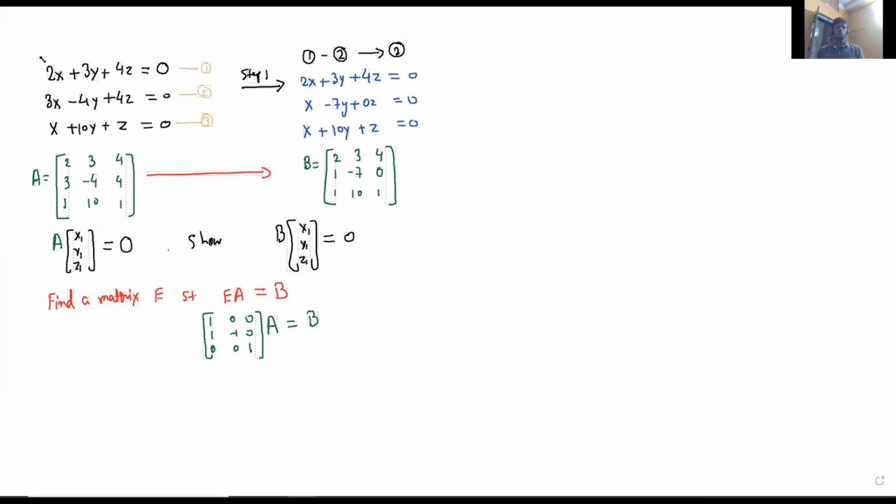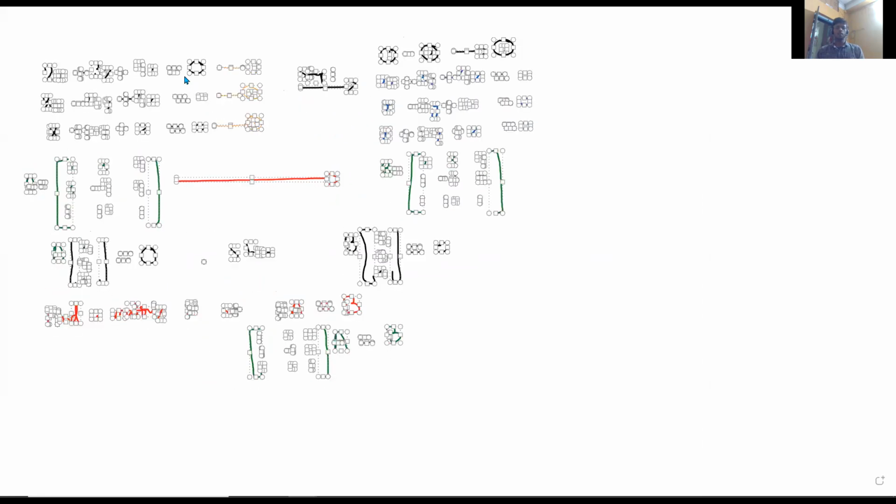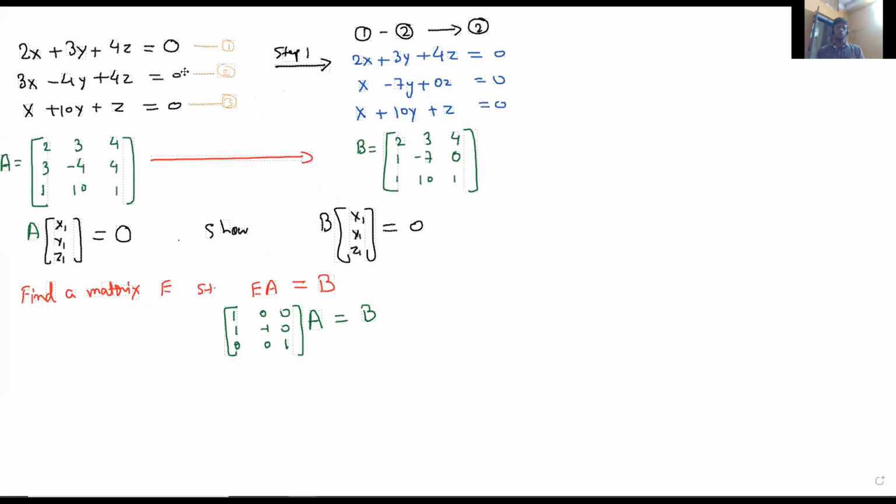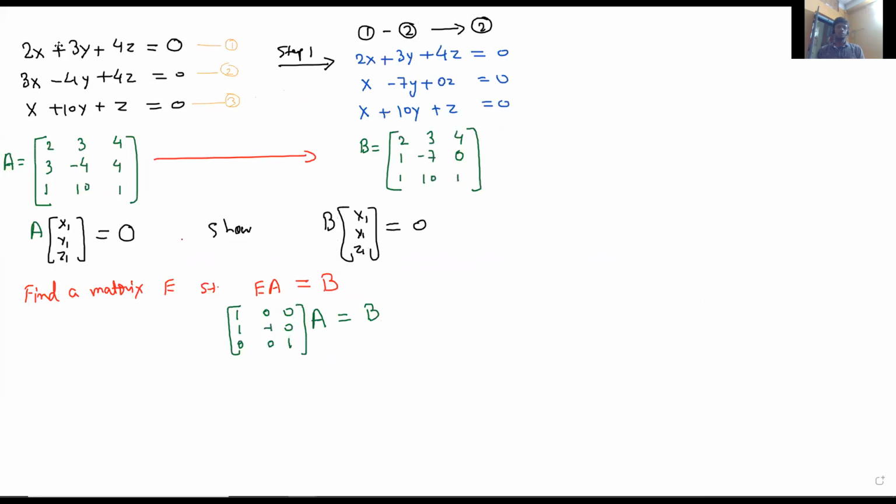So let's try to see matrix multiplication as a combination of rows. Right now I'm explaining conceptually how you would get this. If you have a matrix, let me not write the whole matrix, because what I'm really interested in is the rows.